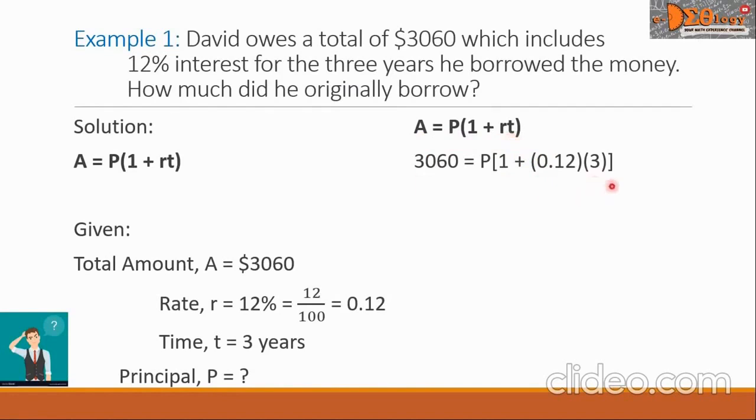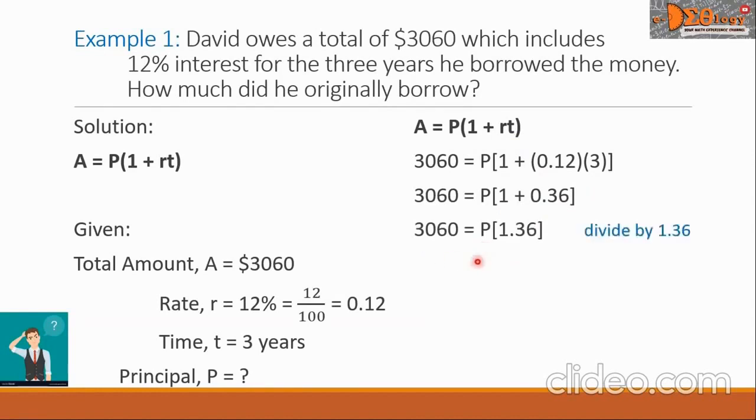In here, let us first simplify the product 0.12 and 3. We will get the 0.36. We will get the sum of 1 plus the 0.36, and then we will have this 1.36.